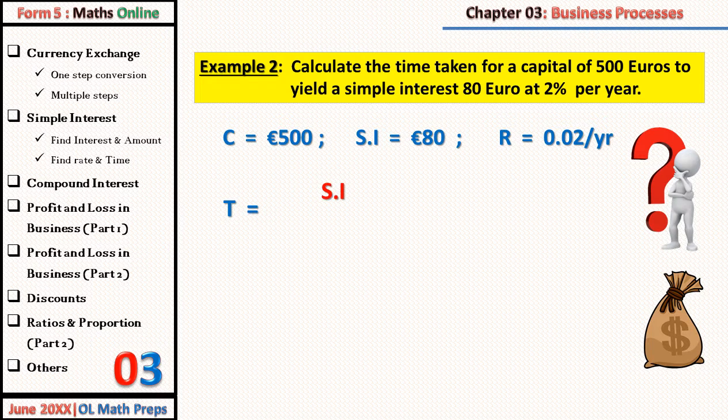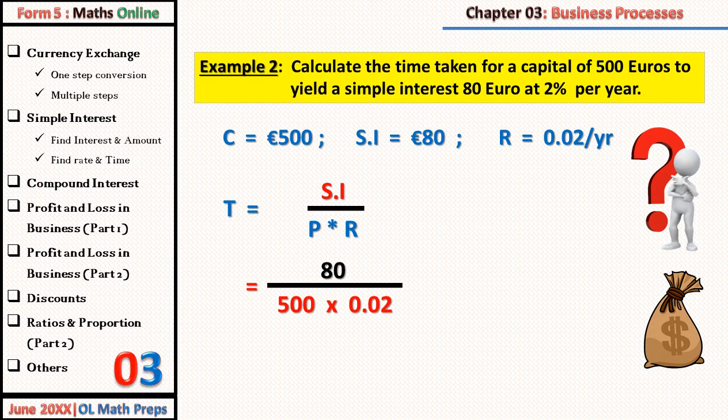Time is equal to simple interest divided by principal times rate. Putting in the values, you have 80 over 500 times 0.02, and that gives us a value of 8 years. So it takes 8 years for this principal to yield a simple interest of 80 euros at 2%.